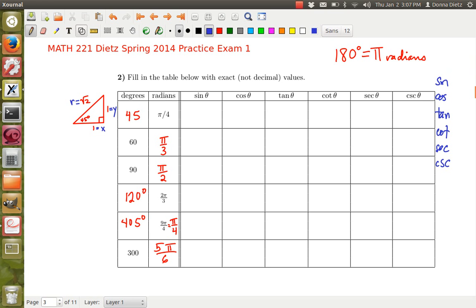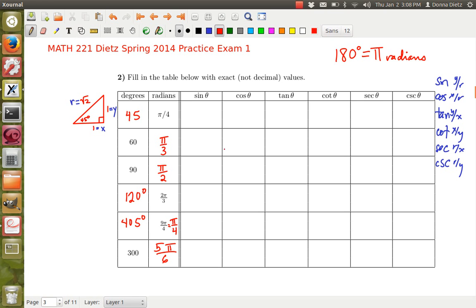Put little notes on the side, remind yourself. Sine is y over r, cosine is x over r, and tangent is y over x, cotangent is x over y, secant is the reciprocal of cosine, so you just flip it, r over x, and cosecant is the reciprocal of sine. So there's our little cheat sheet.